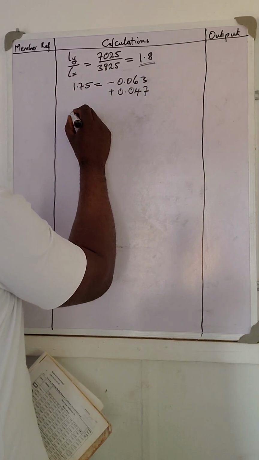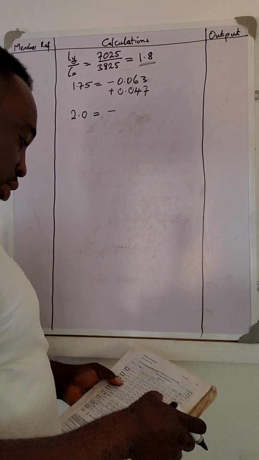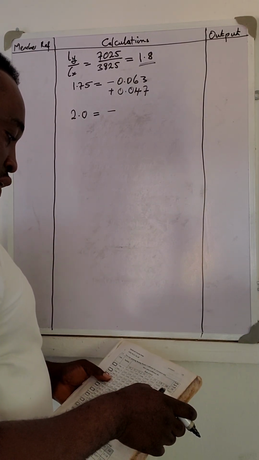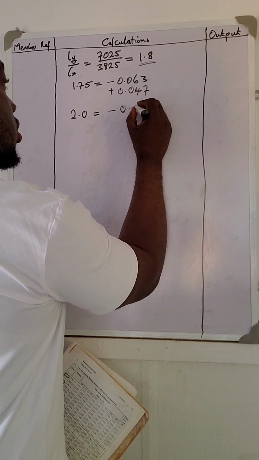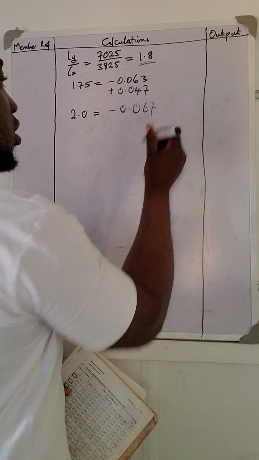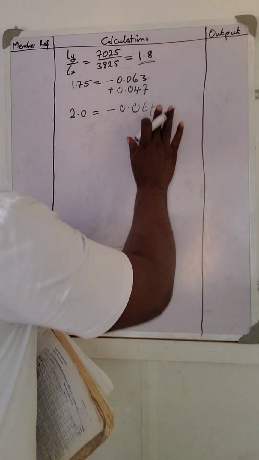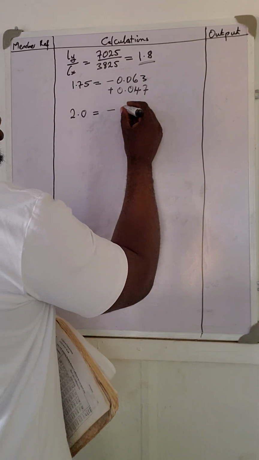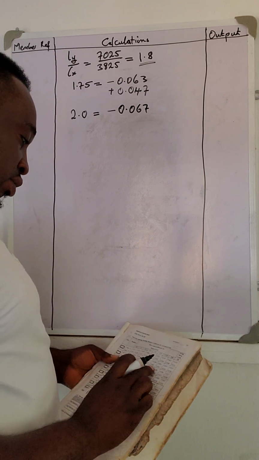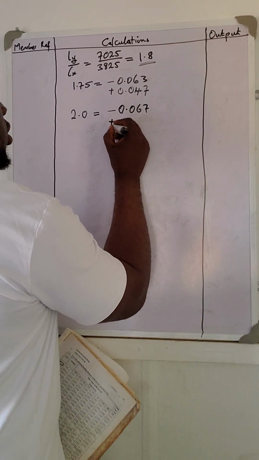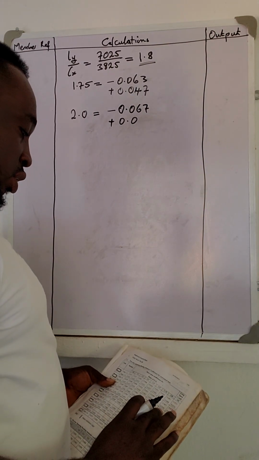Then for the 2.0, we have negative moment to be 0.067, and the positive moment coefficient we have 0.050.